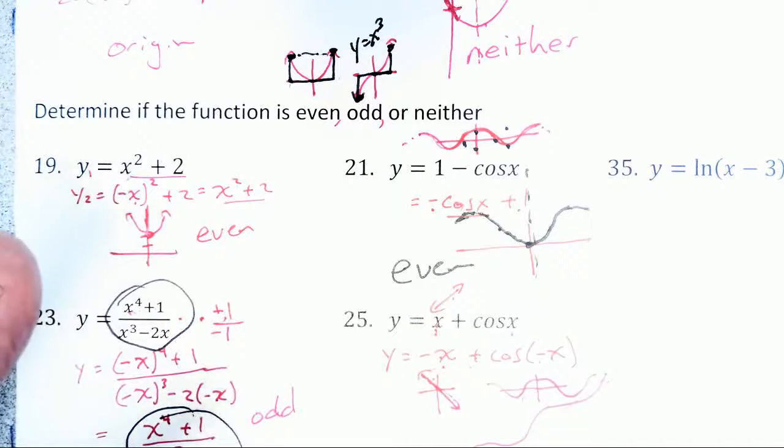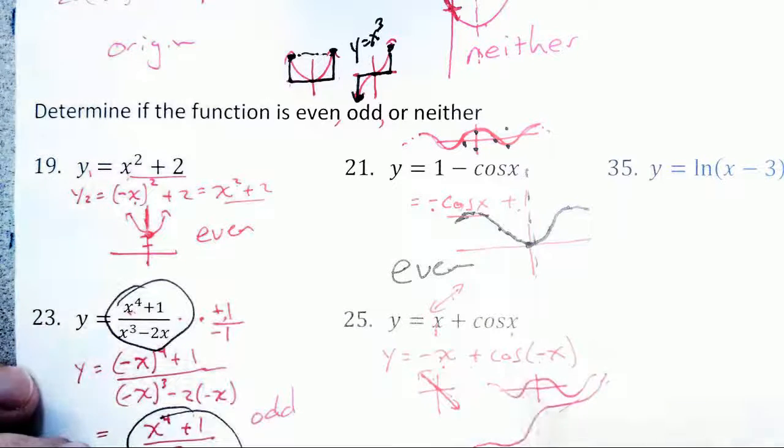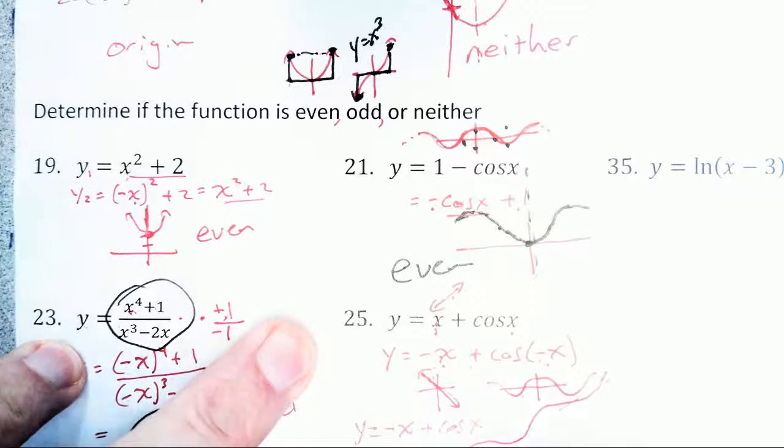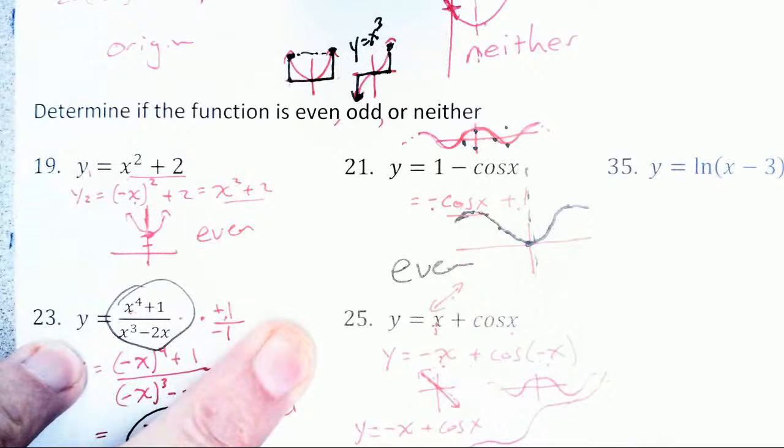It's just a discussion, is it odd? And maybe we would want to start taking a look at that on a graphing calculator, but let's ask this question. y equals negative x plus cosine of negative x. That is the same as y equals negative x plus cosine of positive x, because cosine to the left is the same as cosine to the right.